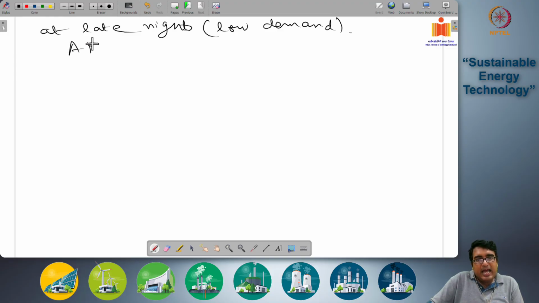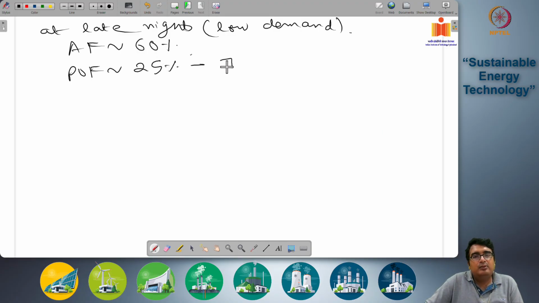For these, the availability factor is around 60%. So 60% of the time they are on, rest of the time they are switched off. And the power operating factor or capacity factor varies from 25% to 70%. So both their availability factor and POFs are lower than the base load power plants.